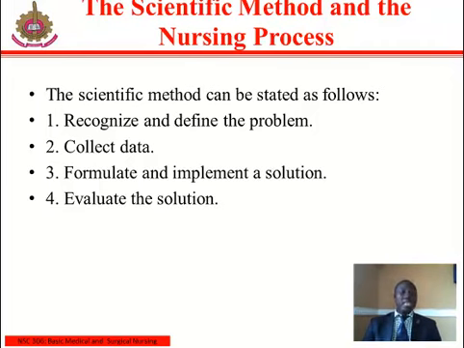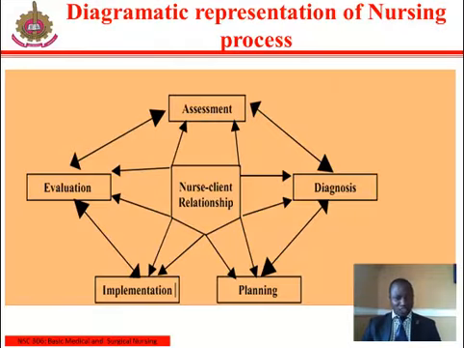This mechanism allows the nurse to re-enter the nursing process at the appropriate stage to collect additional data, restructure nursing diagnosis, design a new plan, or change implementation strategies. This is the diagrammatic representation of the nursing process, which I earlier told you about.